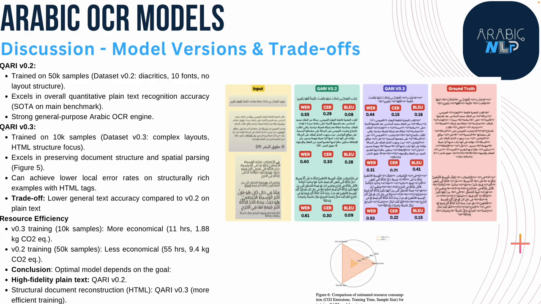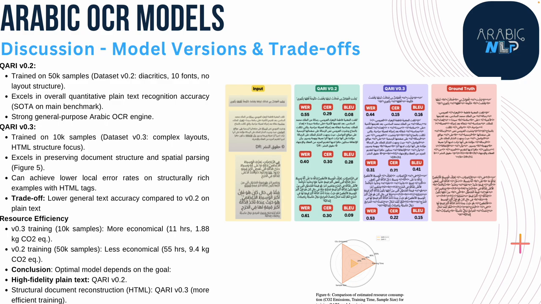While version 2 gives plain text, version 3 can sometimes be more accurate on complex page elements. So the trade-off is that because version 3 was trained on less overall text data, its general accuracy on plain text might be slightly lower than version 2.